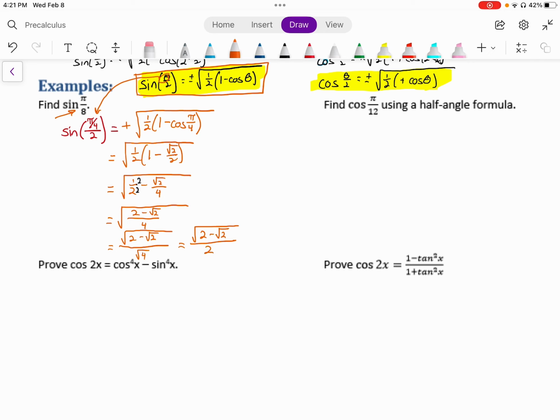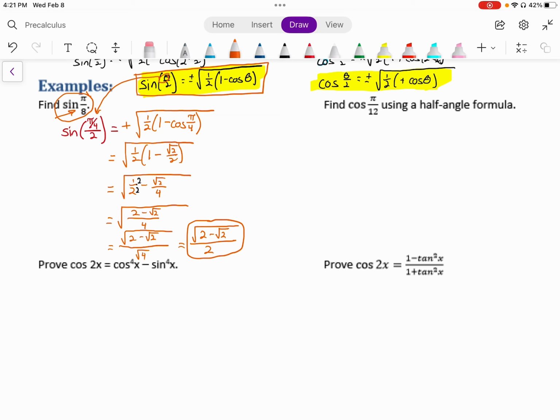So that is the exact value of the sine of pi over 8. It's a little bit weird because we have a square root within a square root, but that works out. Remember, we talked about earlier, we could plug sine of pi over 8 into our calculator, plug in this value into our calculator, and that will help you check the answer to see if it's right.